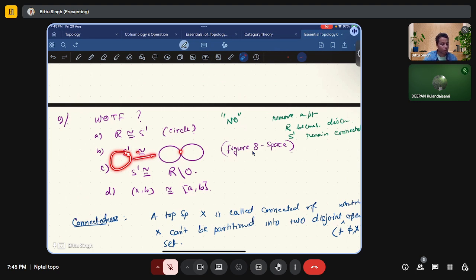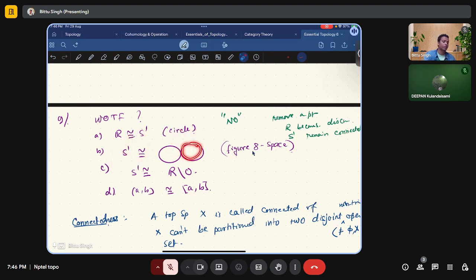Suppose there exists a homeomorphism; the same homeomorphism will induce another homeomorphism if we remove a point. This is X, this is Y; remove a point and the corresponding point, then this restriction will remain a homeomorphism if the first one is a homeomorphism.